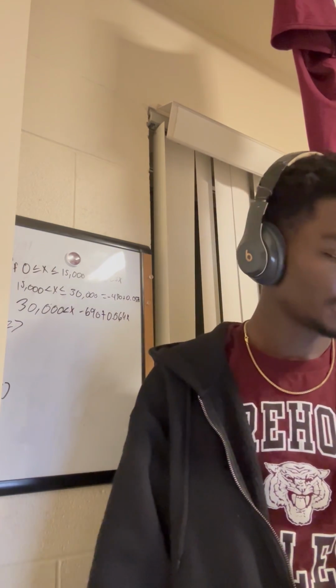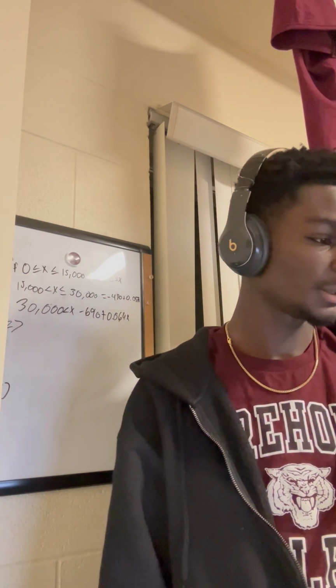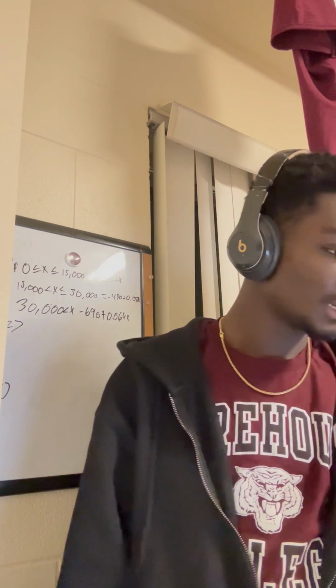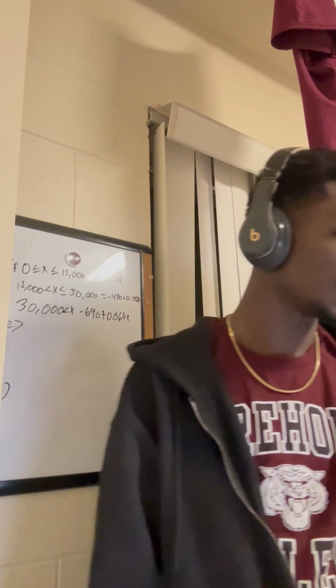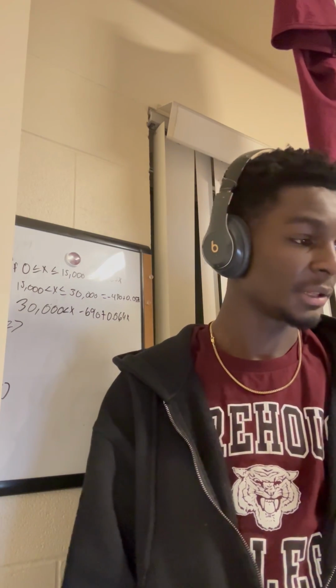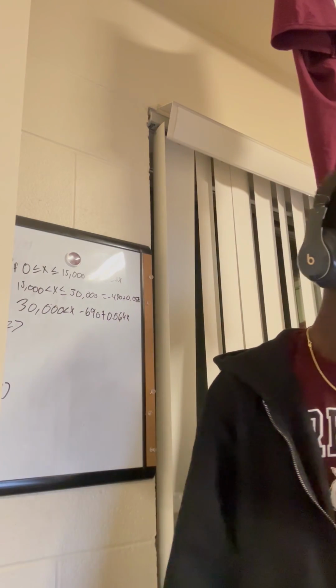I'm discussing discussion board post number 2. So for question A, the piecewise function, it says if x is greater than 0 but less than 1500, the amount of tax would be 0.025x.